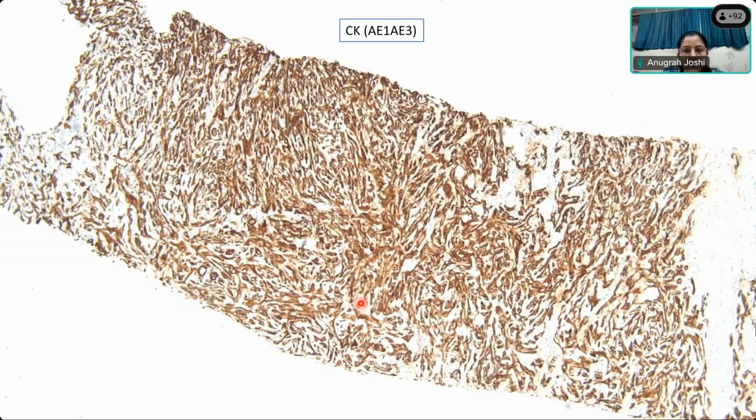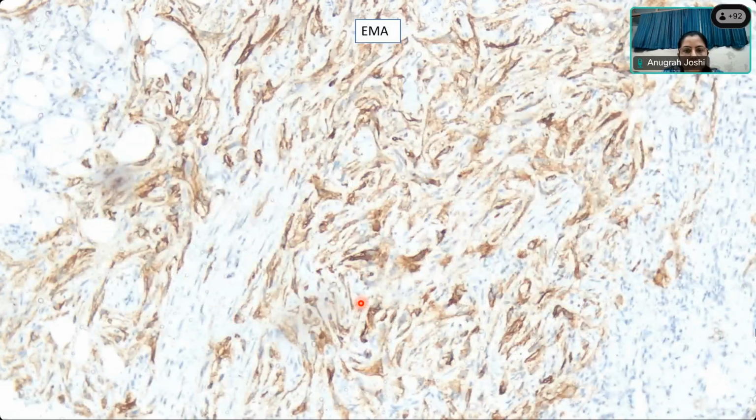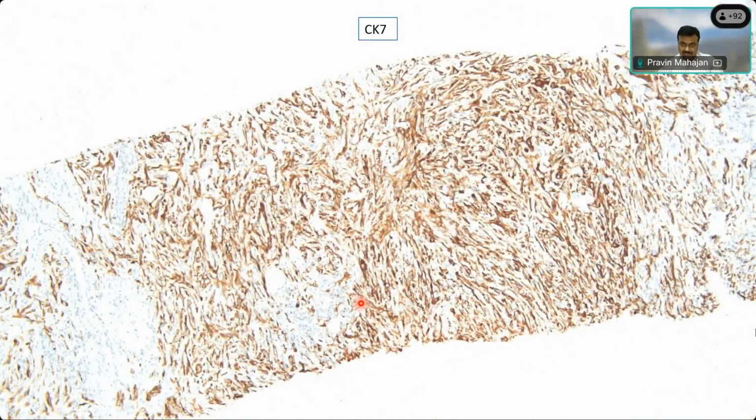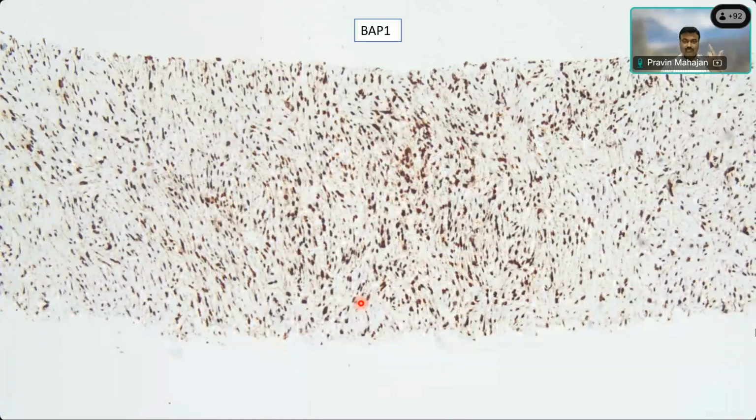Yes. So CK is positive, EMA is positive, CK7 is also positive. Again, same thing. Sarcomatoid carcinoma versus mesothelioma will have these expressions. So you will do the mesothelial markers. Now BAP1 is lost in mesotheliomas, right? This is a new marker which we do. Loss of BAP1 means mesothelioma, but here BAP1 is retained.